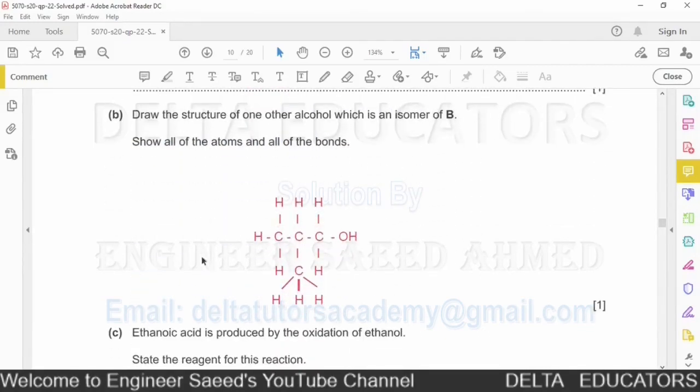In this isomer of alcohol, here we have 1, 2, 3, 4 carbon atoms. And the name of this isomer of alcohol B is methyl propanol. Here this methyl radical is attached as a branch and here in the straight chain we have 3 carbon atoms. So the name will be methyl propanol.